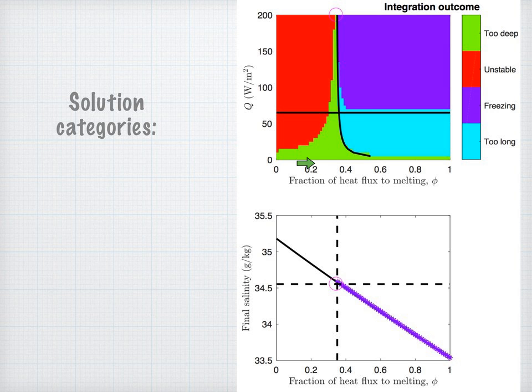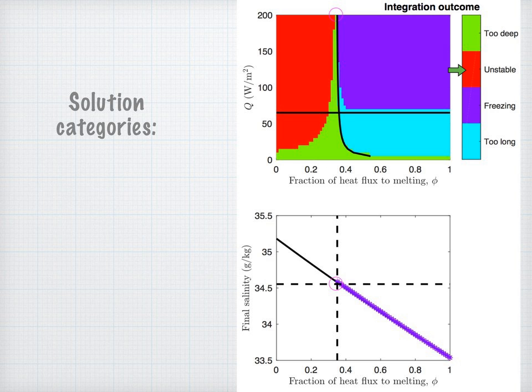If phi is small, so most of the heat flux is going to the atmosphere, not to melting ice, then for most values of Q, you do not reach the freezing point, and instead you destabilize the upper layer. In that case, you cool the upper layer off, but you're not making it buoyant by adding fresh water from ice melt.